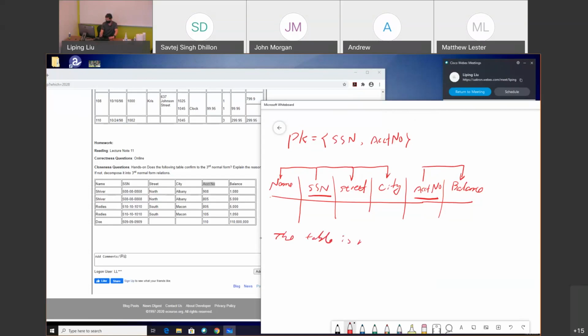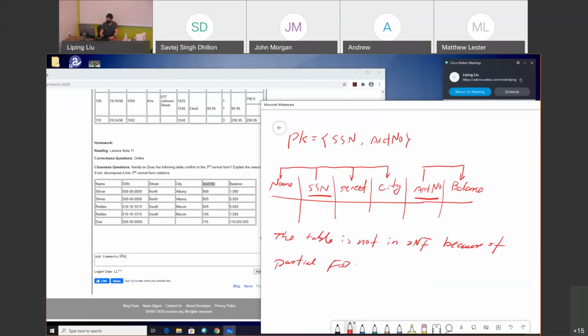The table is not in second normal form because of partial functional dependencies, FD, as follows.